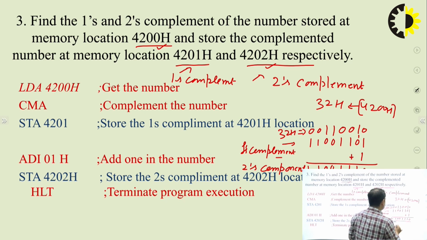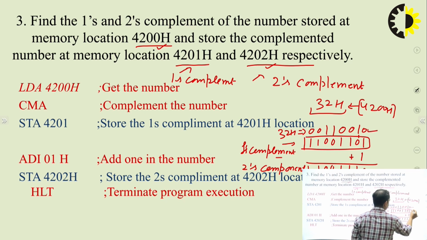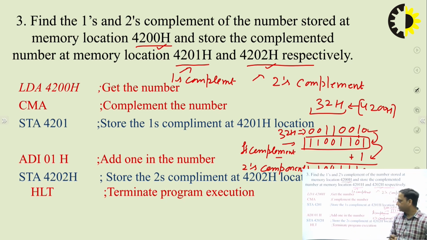Whatever number we give at 4200 will become its 1's complement when the zeros become 1 and the 1's become 0. So we simply have to complement this number, and this is the 1's complement. When we add 1 to this 1's complement, we get the 2's complement. So we have to add 1 for the 2's complement, and simply complement the number given at the particular location.